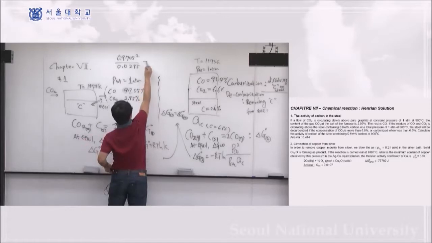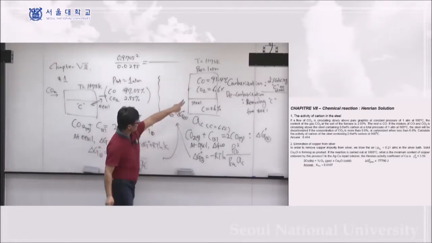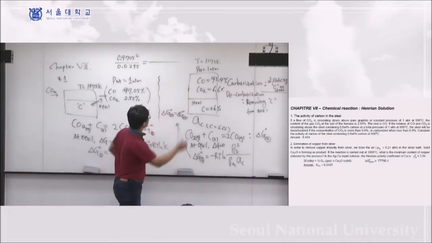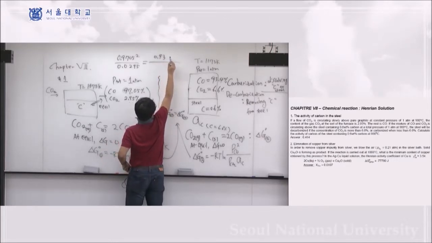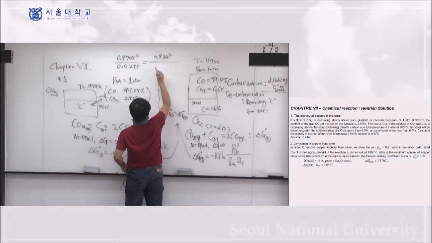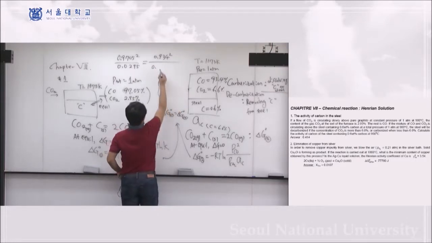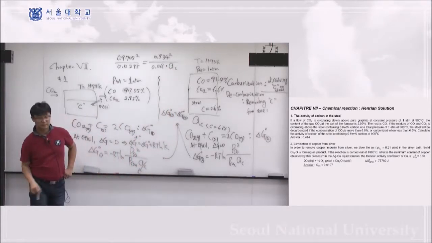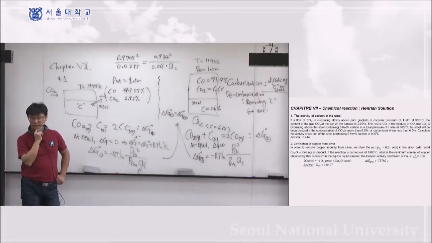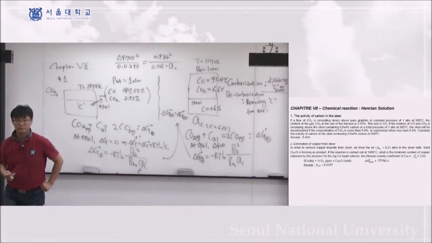Equal to this part, CO 0.934 squared, over 0.066 times a carbon. Okay, then you can get the activity of carbon.